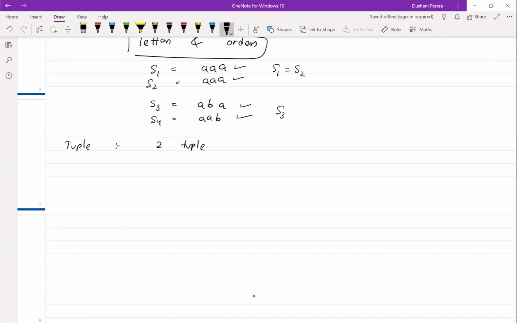If it is a three tuple, this is a sequence of three elements. If it is a four tuple, a sequence of four elements. Likewise, in general, a k tuple is a sequence of k number of elements. It's a finite ordered list.